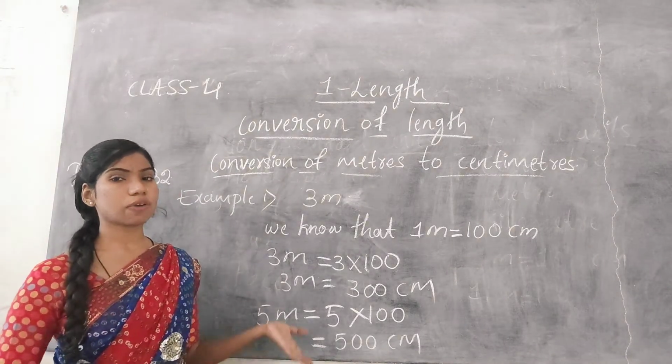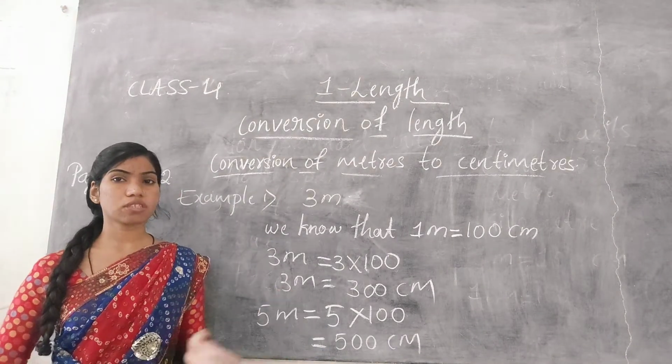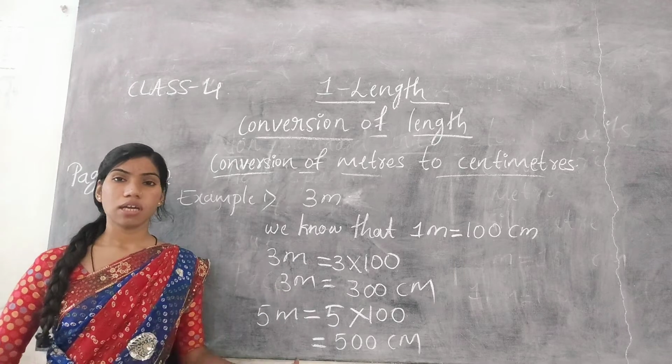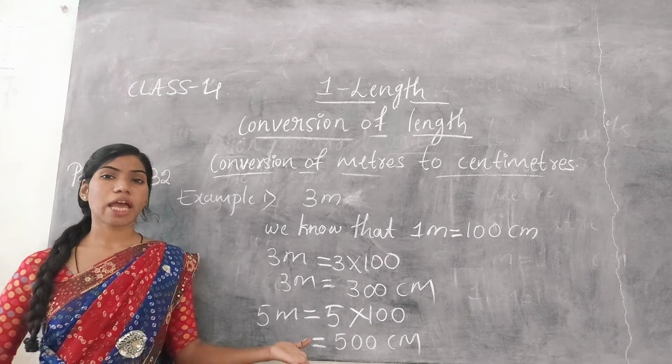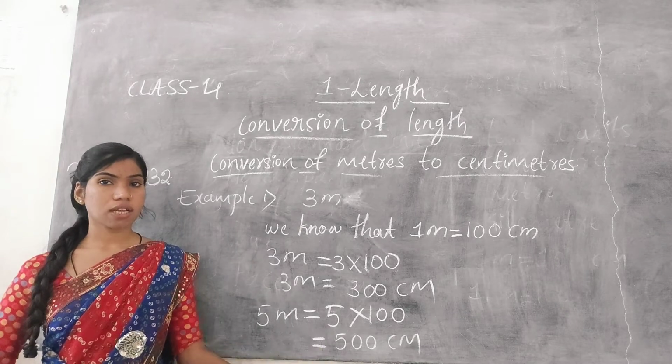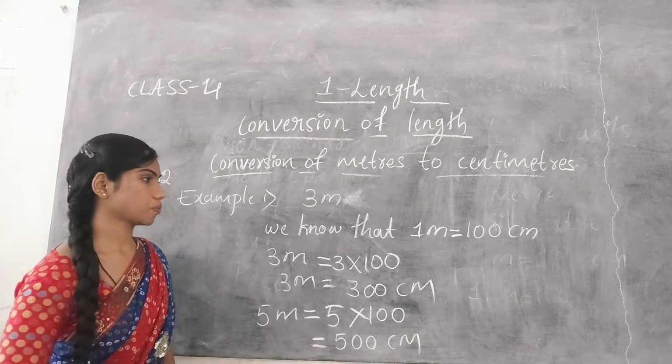Similarly, 7 meter is equal to 700 centimeter. 8 meter is equal to 800 centimeter. 9 meter is equal to 900 centimeter.